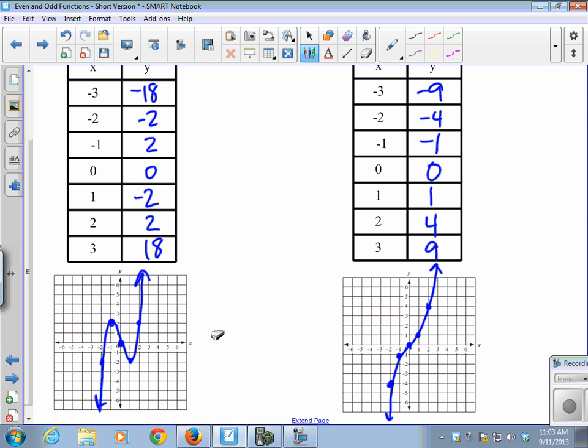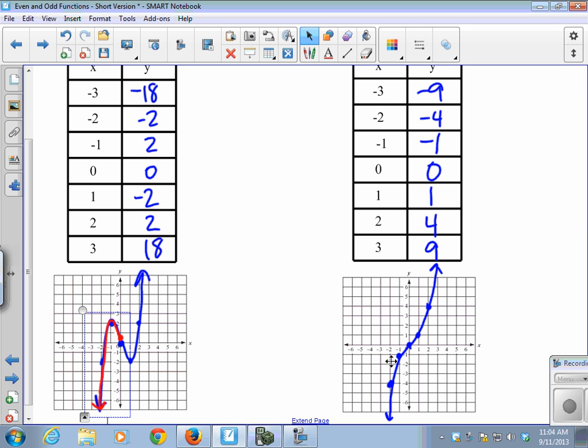So now, the relationship in the odd functions is that these functions both go through the origin. Odd functions will always go through the origin. If I were to take one side of the function and rotate it around the origin, that point 0, 0, and pretend that point's in the same place, then it's going to be the same on both sides of that function when I rotate.